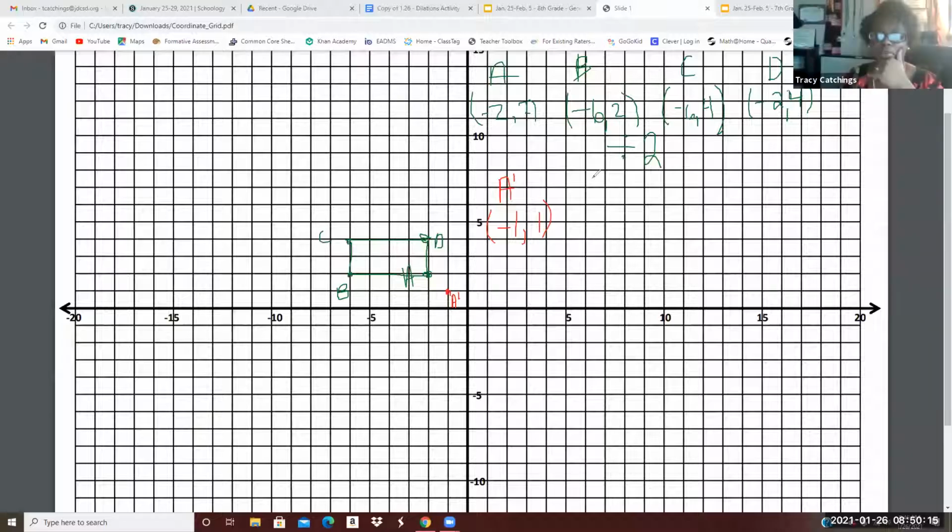All right, B prime will be negative 3, 1. Good job. And notice as I'm writing my points, I'm also going ahead and finding them so I don't have to go back later.